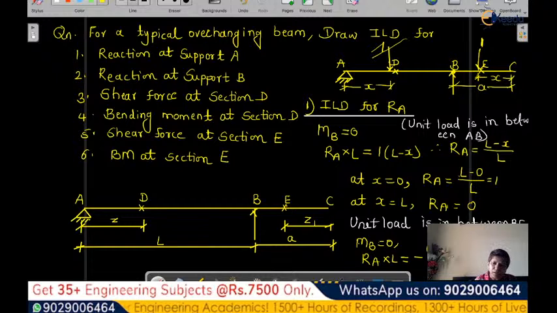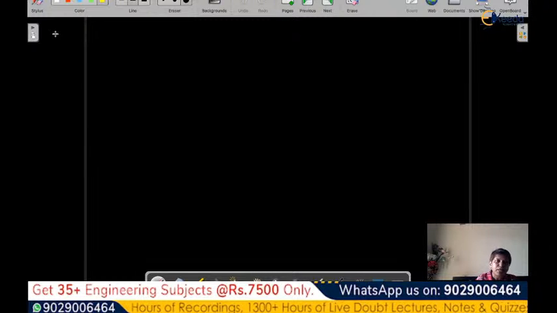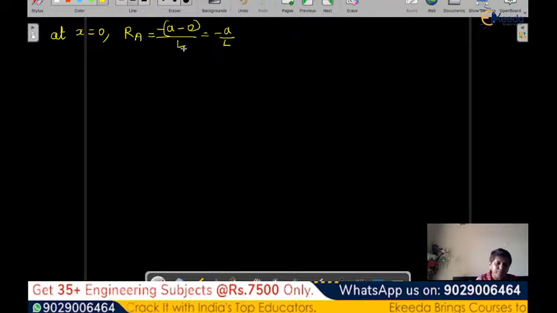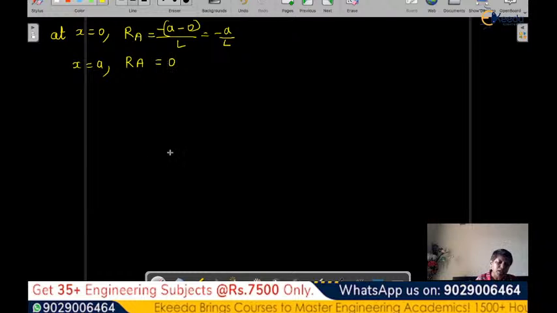Here again we will put the limits. Let me take a next page. At X equal to 0, we substitute the value. Our equation was minus (A minus X), with X equal to 0, so we are getting minus A by L. And when X equal to A, RA will become A minus A, which is 0.